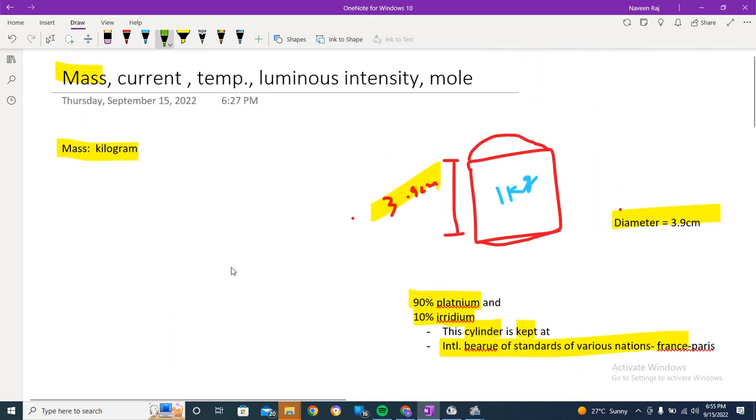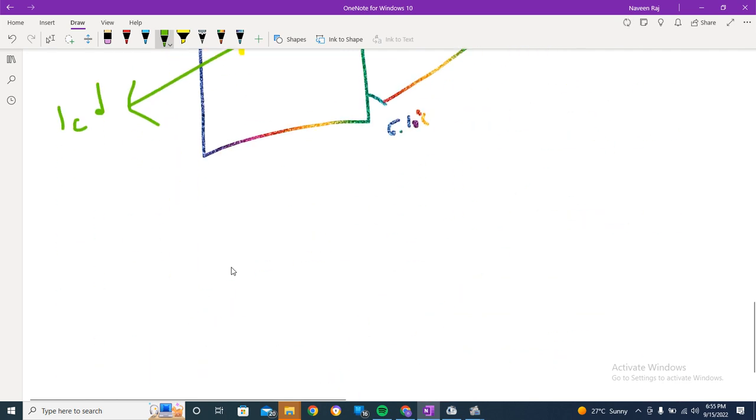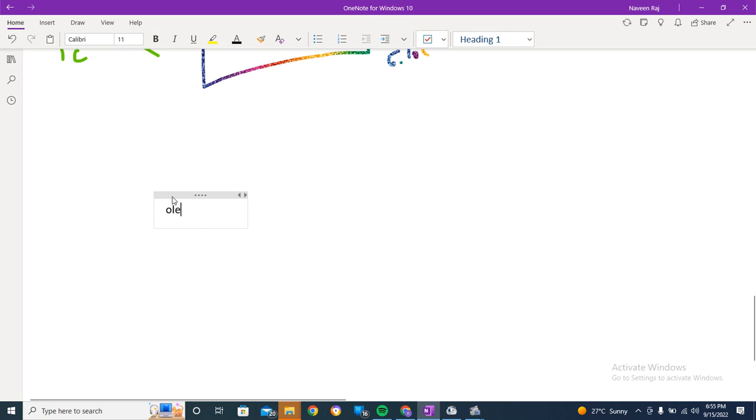What we have next is the mole. Mole is the amount of substance.